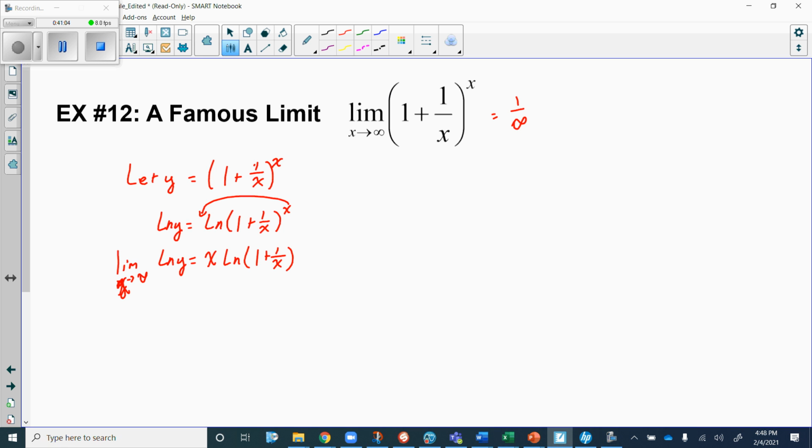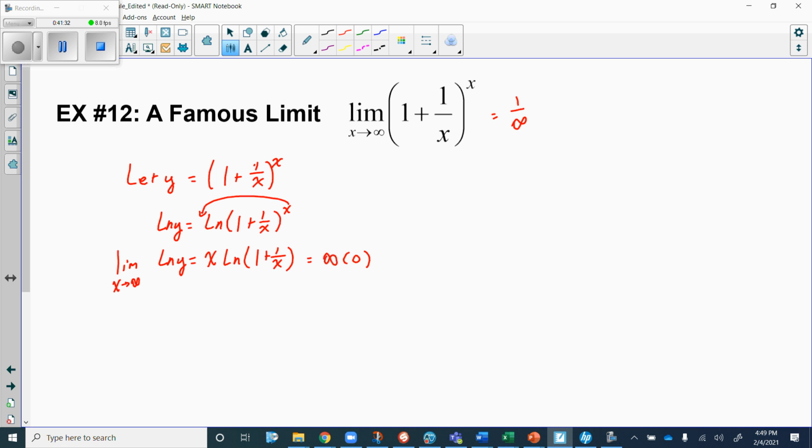I really should have that limit symbol there, and it should be legible as x approaches infinity. There we go. So here, if I do this, we would wind up with infinity times 0 in that case. And so that means we need to keep working.